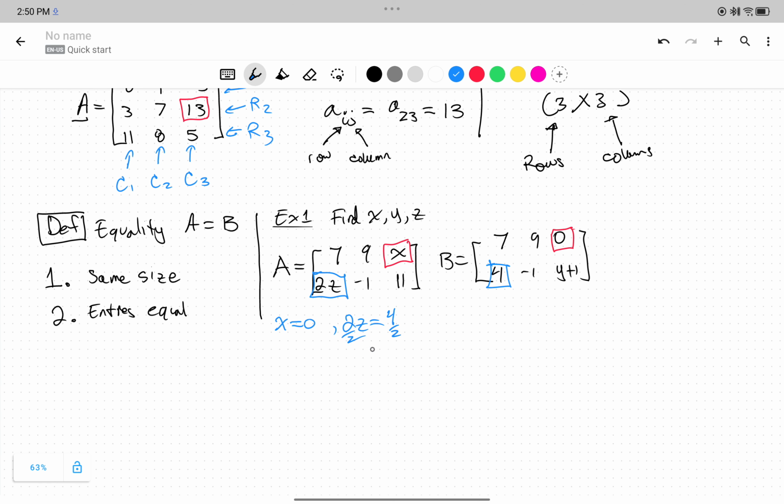Divide both sides by 2, so z equals 2. And the last one, this goes with this one: y plus 1 goes with 11 minus 1, and you get 10. So not bad at all, pretty easy, like I was saying. Most of this stuff is going to be very straightforward.